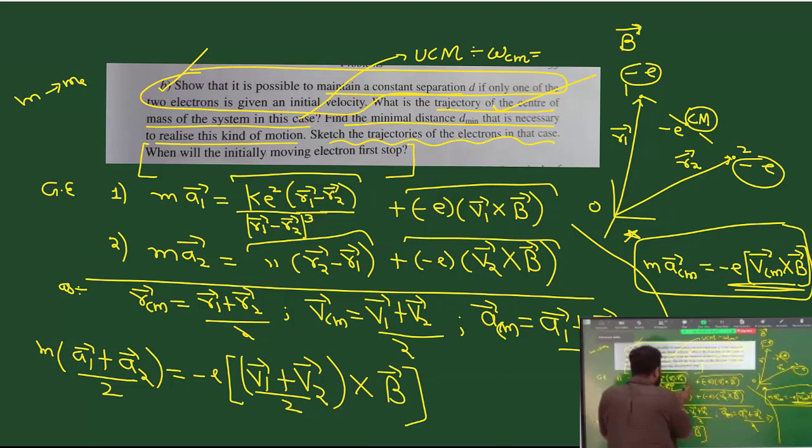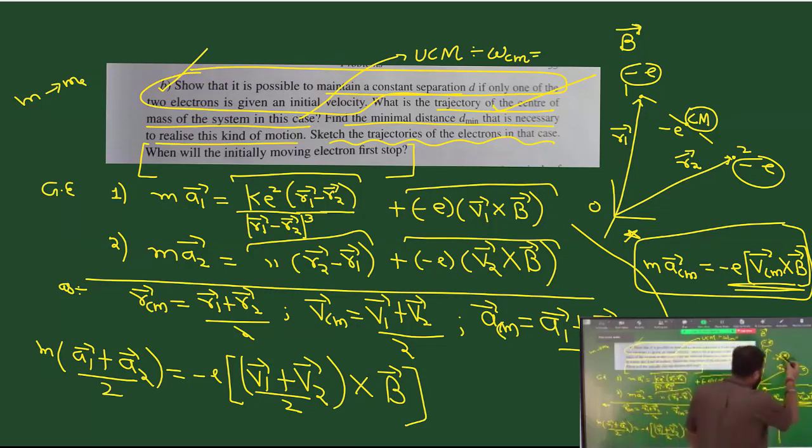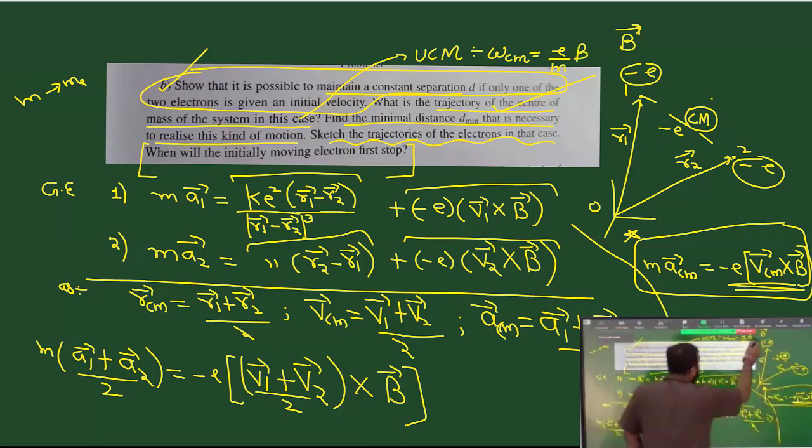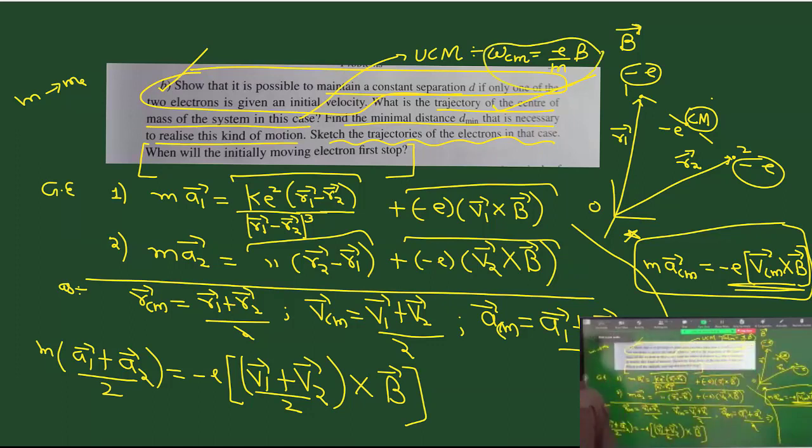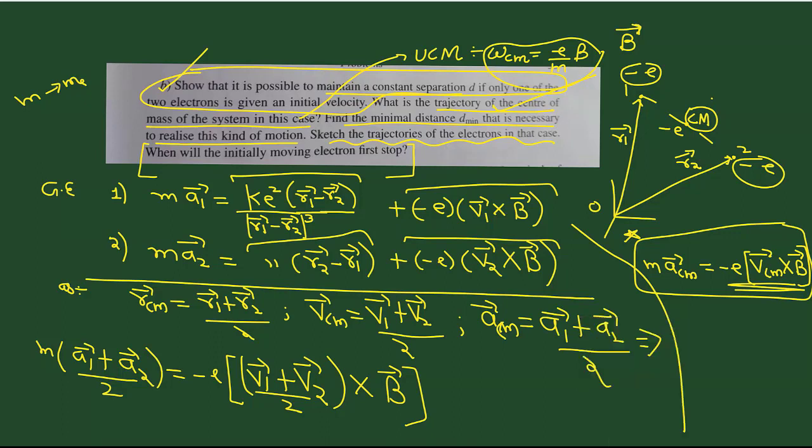Whenever the common force between charged particles cancels, only this will remain, and this becomes similar to the motion of one particle which is kept at the center of mass. And because in this case it would have been a uniform circular motion, it will possess uniform circular motion with omega, which is E by m from this equation multiplied by B. This is the angular velocity of the uniform circular motion which center of mass will possess, and it will also move on a circle whose radius is RCM.